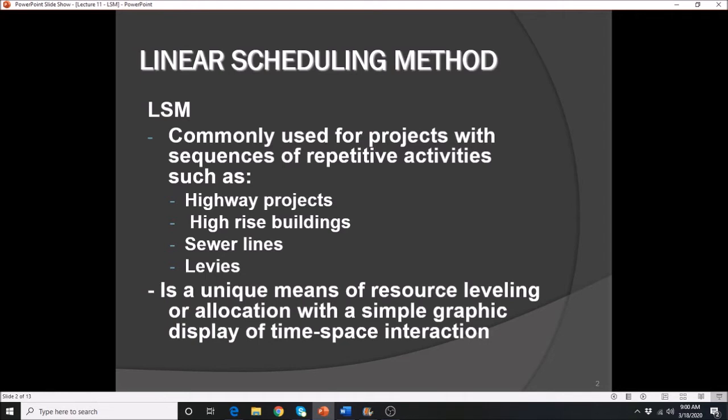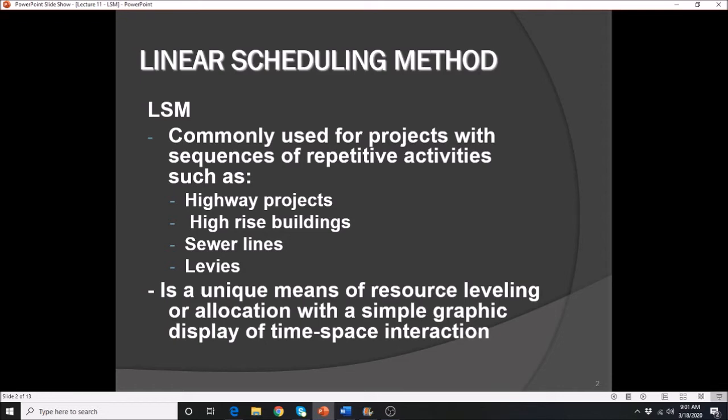These are projects that are usually part of the third sector, known as infrastructure or heavy civil, such as construction of roads, highways and bridges, or even high-rise buildings, provided that each floor of the building has the same nature at its given level. We also have sewer lines, levees, dams, canals or tunnels. We can use the linear scheduling method.